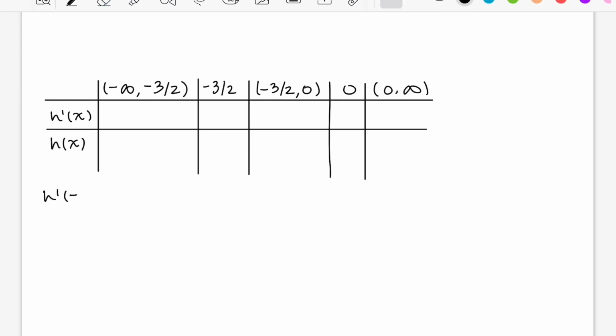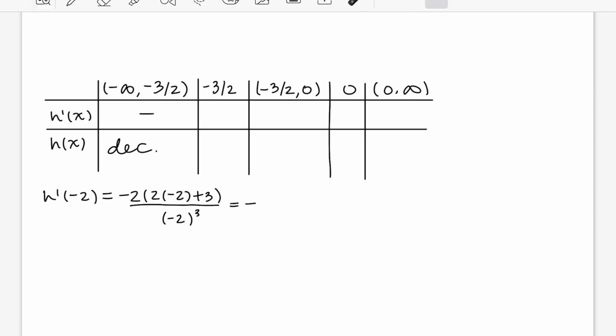So the first one we'll look at is negative 2. Plugging this into our derivative, we get this here, and this will be a negative number. So we know that our function is going to be decreasing over this interval. We also know that our derivative is equal to 0 at negative 3 over 2, so we'll put that there.